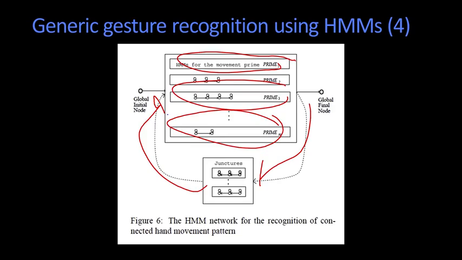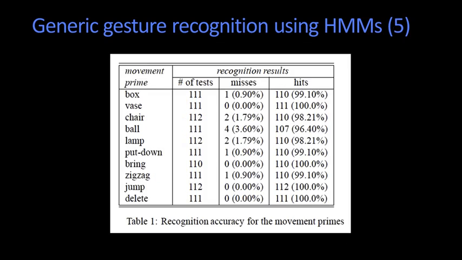I'll just say that people hook up multiple HMMs together to form an HMM that can deal with a sequence of gestures, and it's not too much more complicated than the original HMM. So they do that, and then they test it. And because they're testing it on a very controlled vocabulary, using features defined to work, and because they want their paper to be accepted, you see results that look like this.